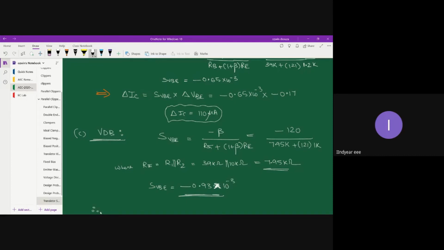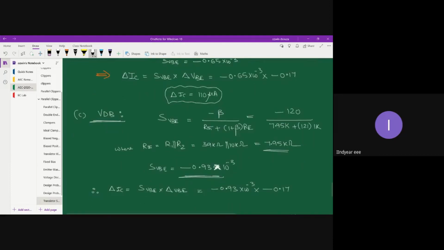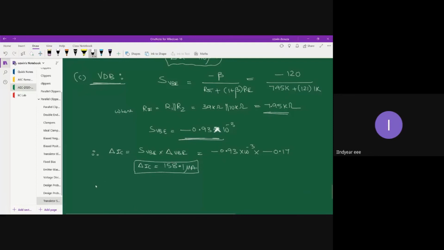Therefore, delta IC is SVBE into delta VBE, and that is equal to minus 0.93 milli into minus 0.17 volts. So delta IC, you will get it as 158.1 microamperes. Okay, so that's your delta IC. So this is how you solve the stability problems.